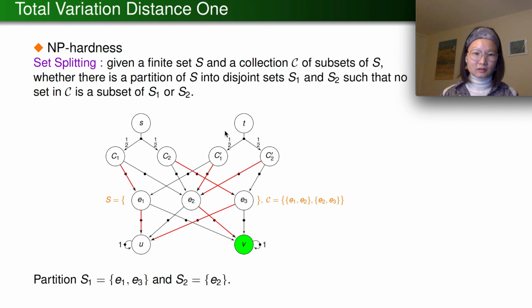And if we start from state T, the probability of generating the same event, infinite sequences of white labels, will be 0. This also gives us a witnessing partition for the set splitting problem, S1 and S2. And we can see no subset in the collection C is a subset of S1 or S2.